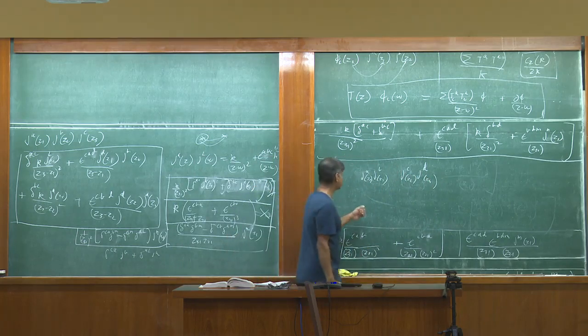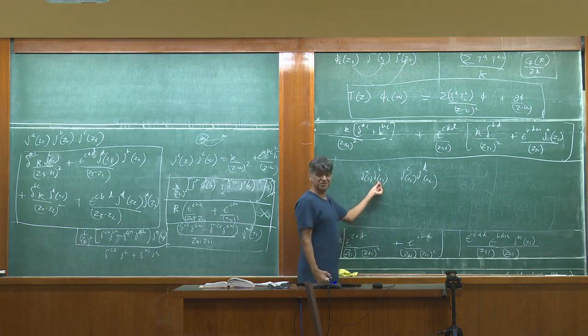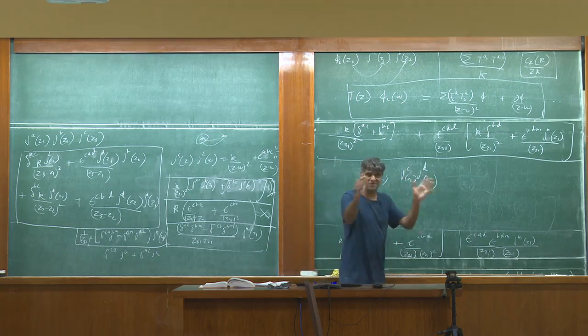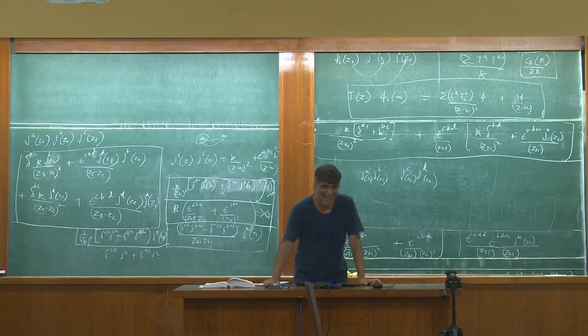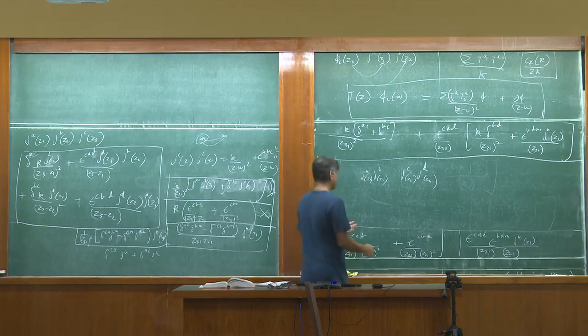Now we do the expansion such that we first keep only those terms that are singular when either 1 or 2 hits either 3 or 4. Then take the expansion, 1 goes to 2, 3 goes to 4, and set A equals B, C equals D, and do the sum. This is the operation that will give you the operator product of two stress tensors.